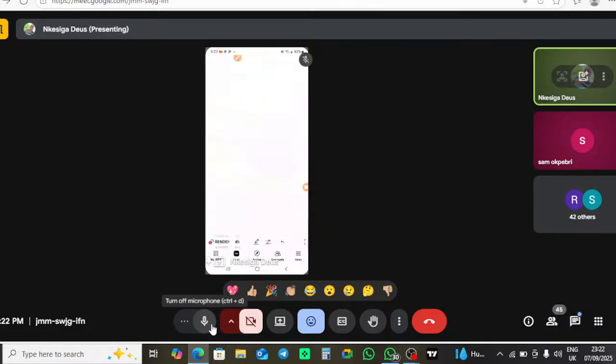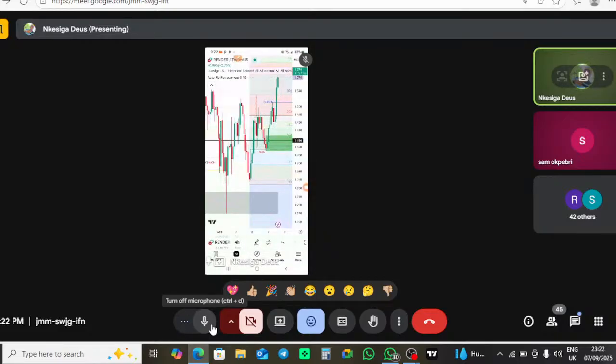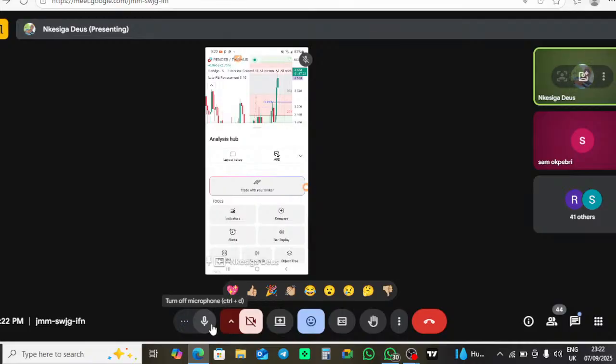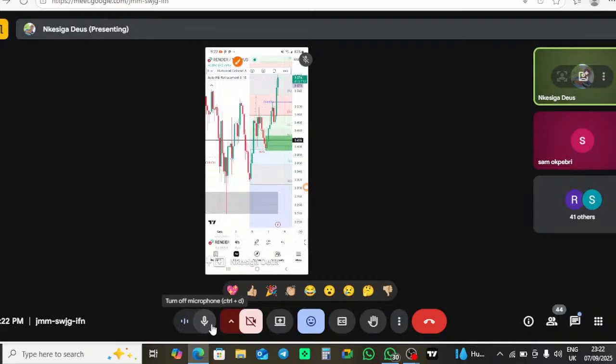In your phone, you come down here where we have these two dots or two lines. When you click there, you will see the word indicators. I'm trying to show you how to add the indicator, but I need to first remove one. They cannot allow you to have more than two indicators.